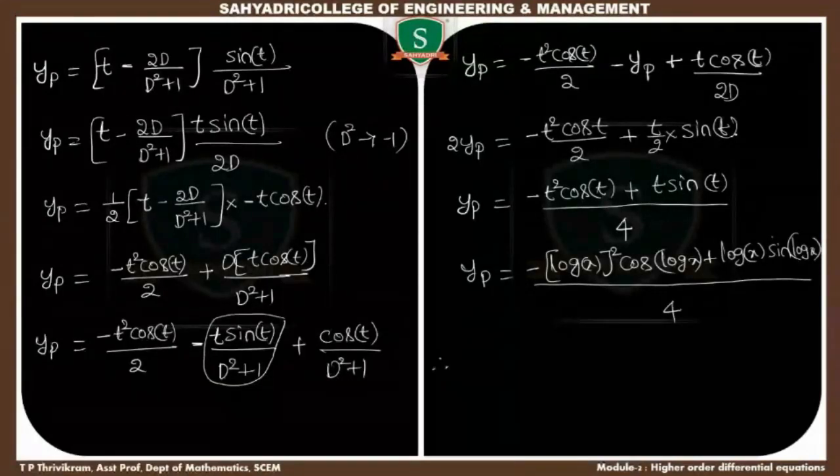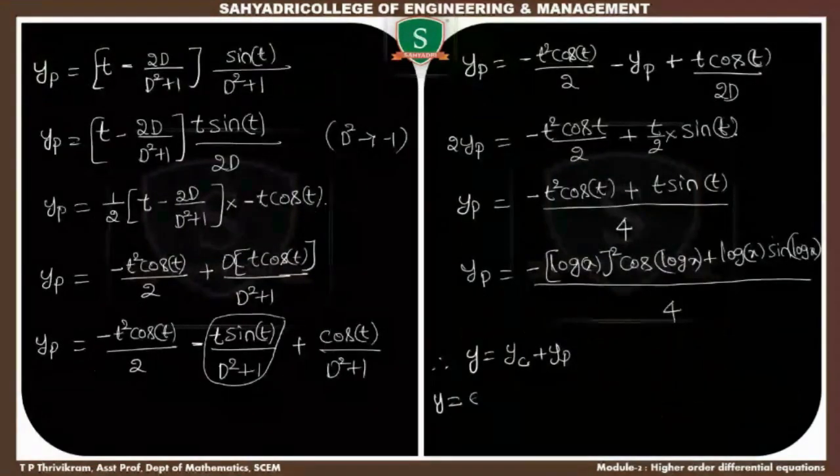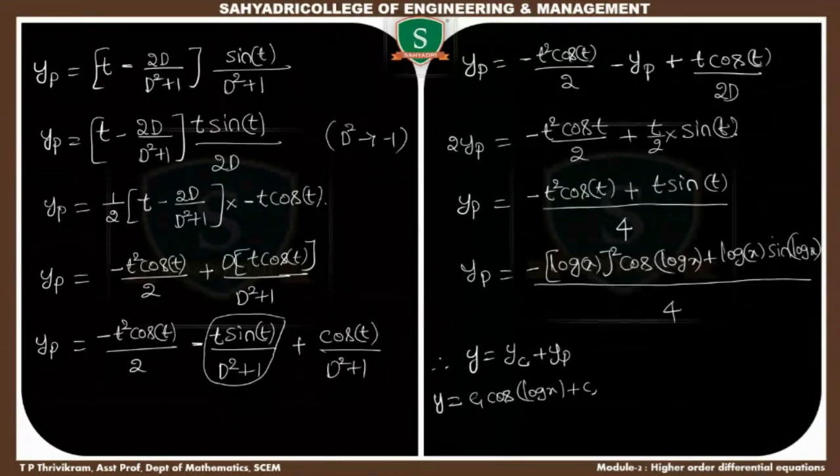Therefore, finally y is equal to yc plus yp, which is nothing but y is equal to yc, c1 cos log x plus c2 sin log x.